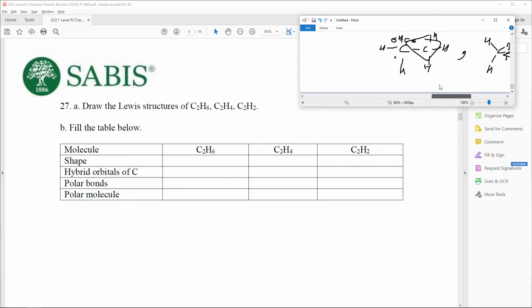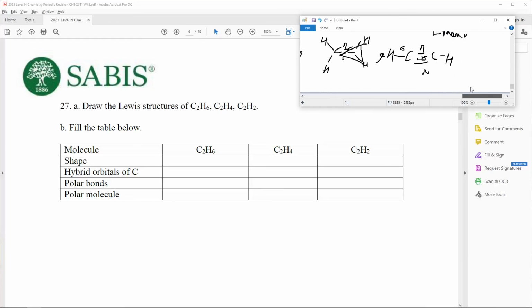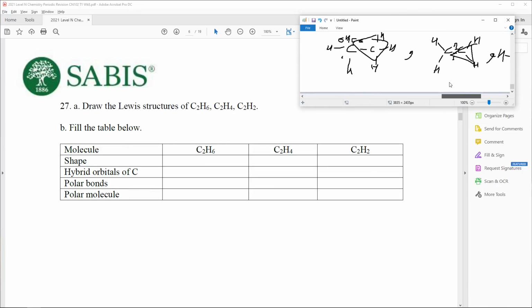We would say the net dipole is 0 in this case. So they are 0 because the dipoles cancel each other. But of course, you also have to keep in mind these are 3D structures, so not everything applies in its entirety. Sometimes they are polar and you actually consider them polar.